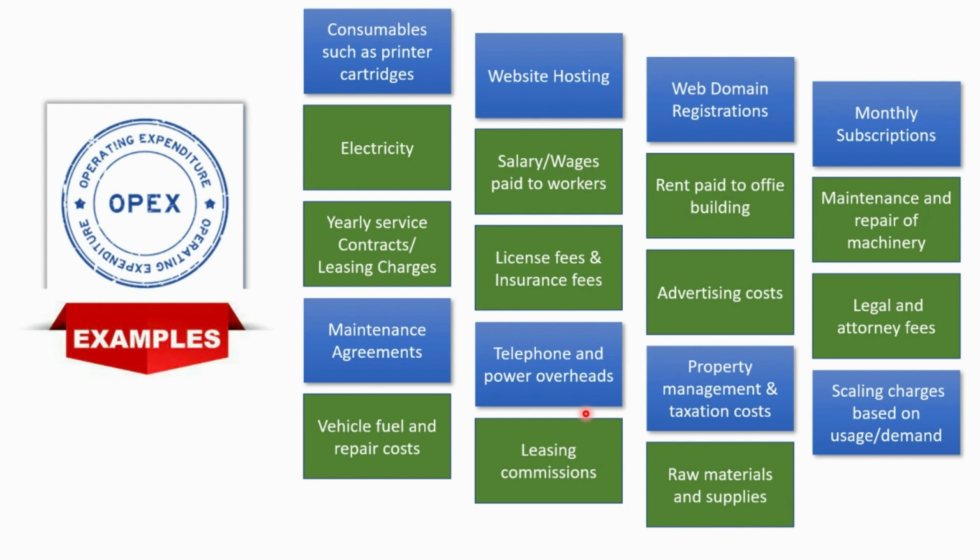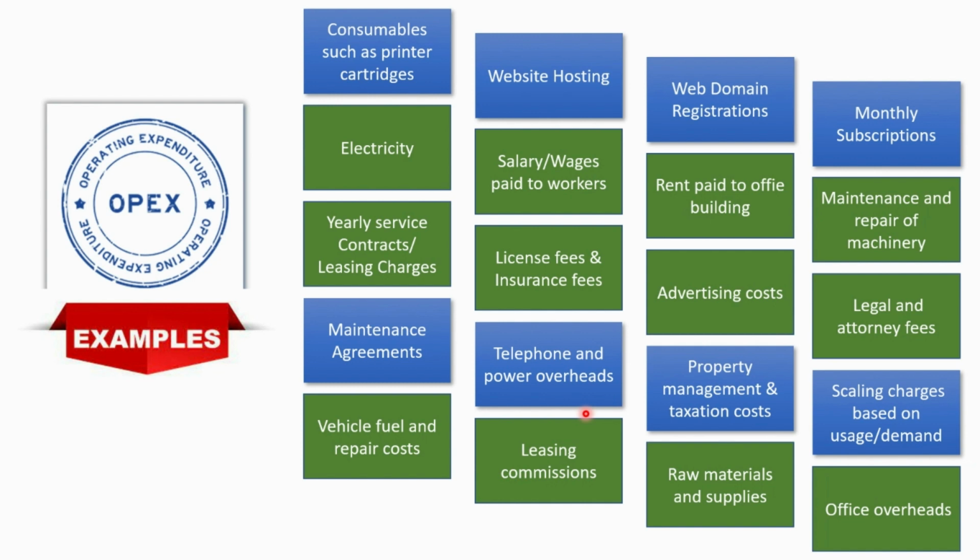And next come the raw materials and supplies required for your production or manufacturing of a product, which also come under OpEx because the prices might shoot up during high demand and go down if the demand is less. Next come office overheads.